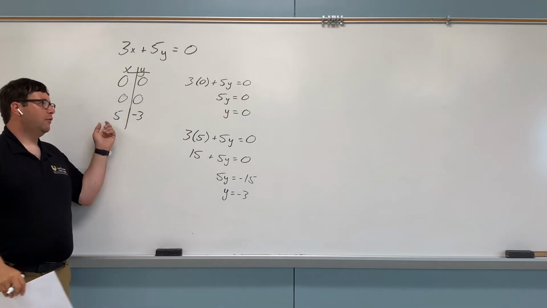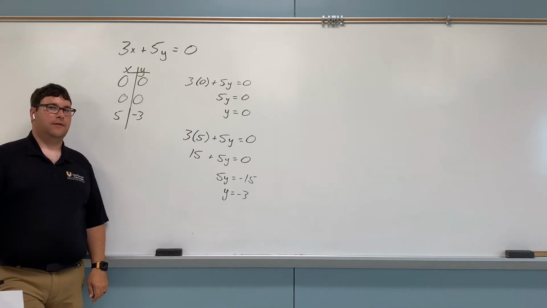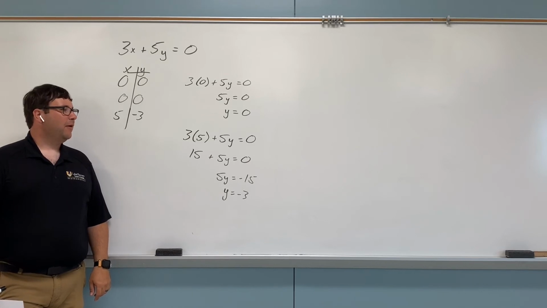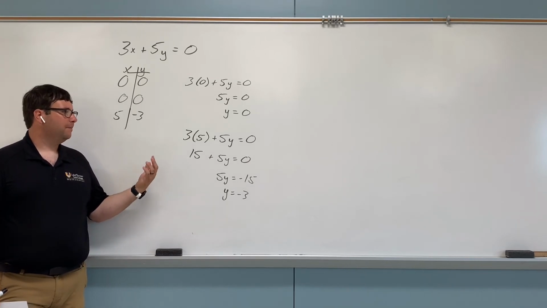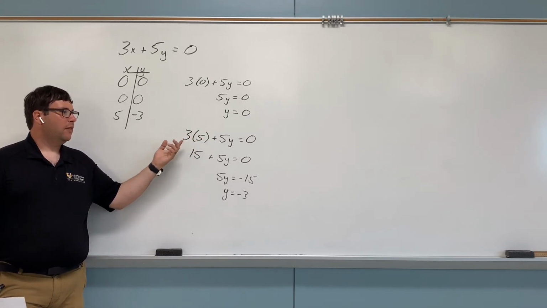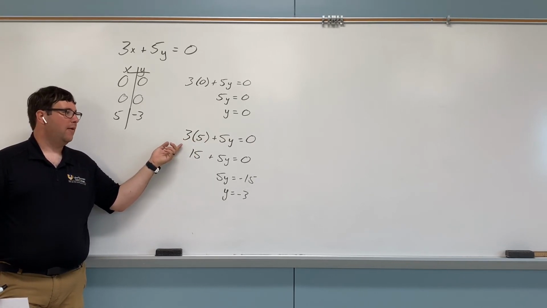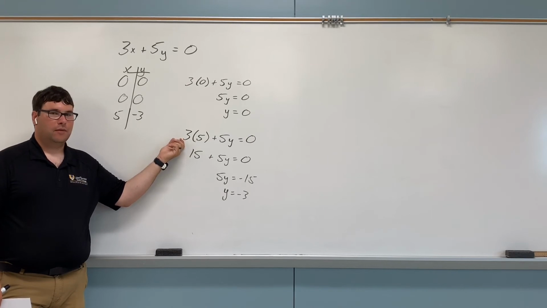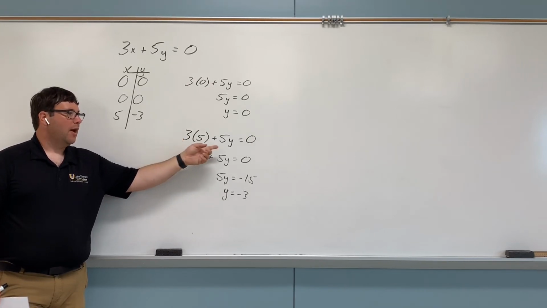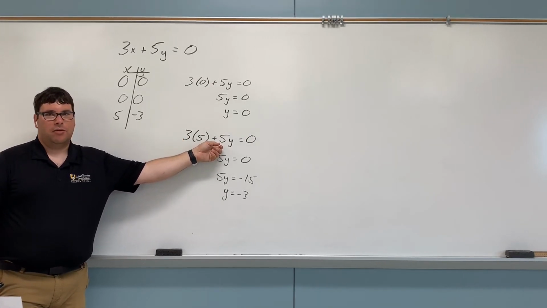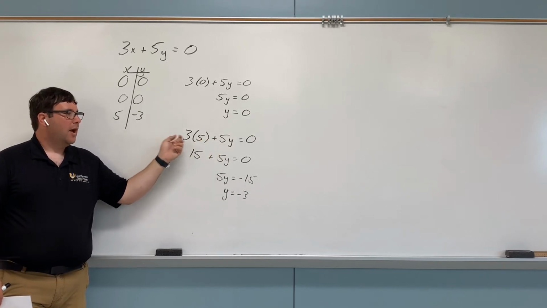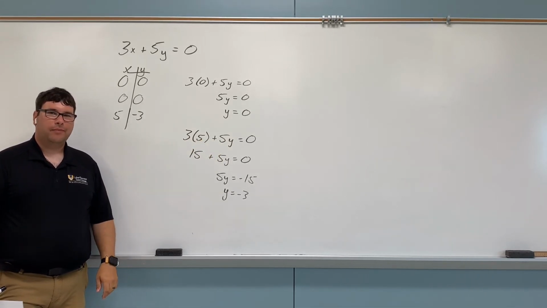The reason I chose 5, somewhat cheating here, is because I kind of thought ahead and said, if I were to look at these 2 different values, I have a 3 for my x, my a value, if you will. I have a 5 for my b value attached to my y. I know if I plug in 1, I'm going to get a fraction. So how did I choose 5?